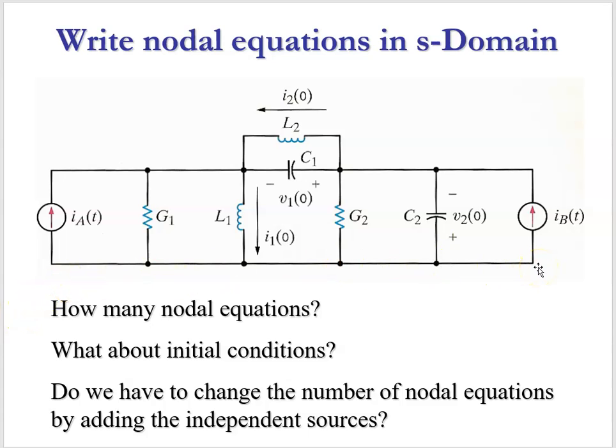So if we want to model initial conditions now, we want to limit the number of nodes. We want to limit the number of equations. So we don't want to add additional nodes. So now we would like to add current sources in parallel, and that would not add any more nodes to our circuit. That's the key here.